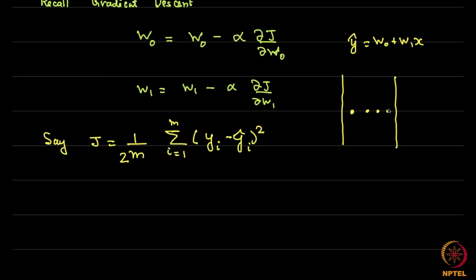Then all I need to do is to minimize J. And for minimizing J, I basically use these expressions. So we would first guess. So the general algorithm for gradient descent was we would guess for W0, W1, etc. and then update.